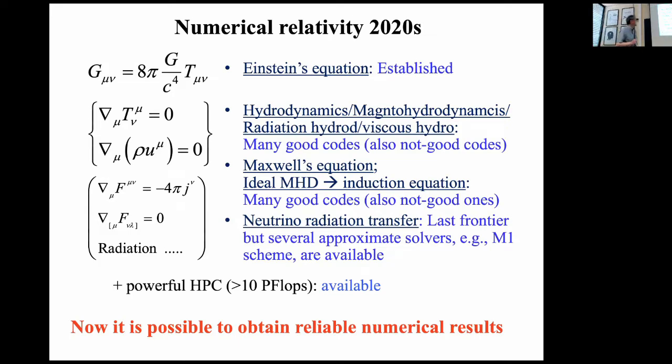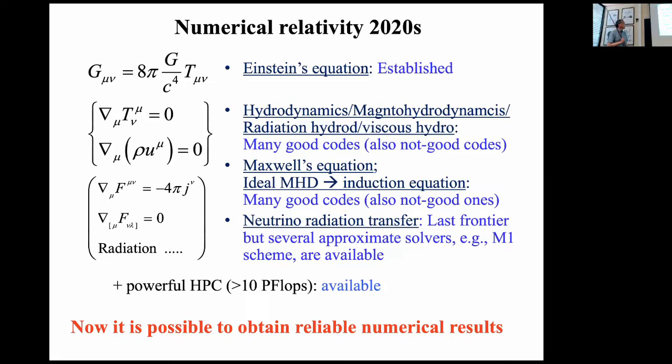So we have a very good code, and then also we have a high performance computer. For example, in the Max Planck Institute, we have a computing center, and it has a very powerful computer with more than 10 petaflops.